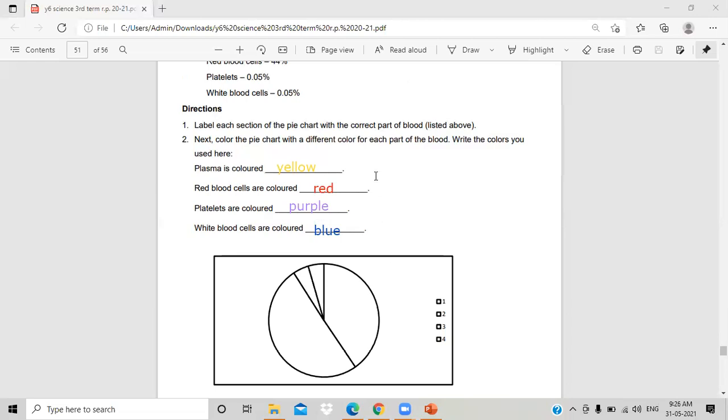So now, who would like to tell me which color is which? So you have here the pie chart. What do you think should be the largest part of the pie chart? Hey, Yasin Abdel Hamid. The plasma. The plasma, exactly. So I'm going to color the plasma. Oh, wrong color, sorry.